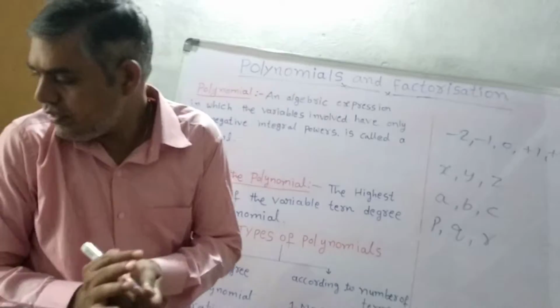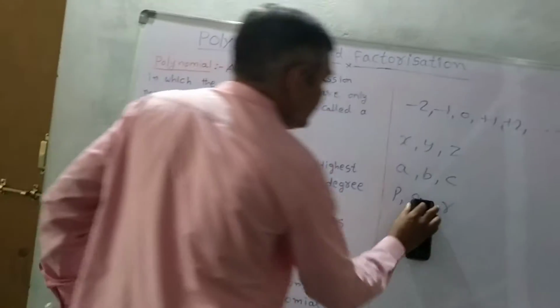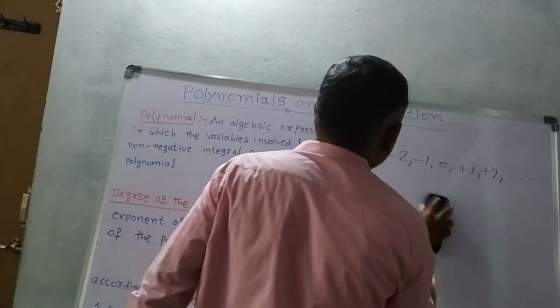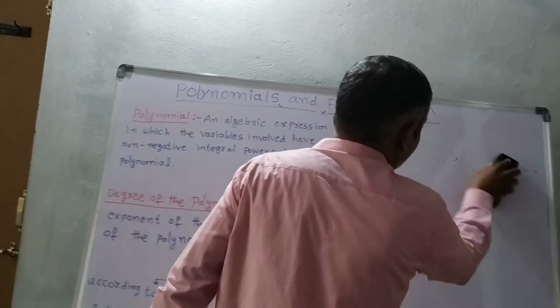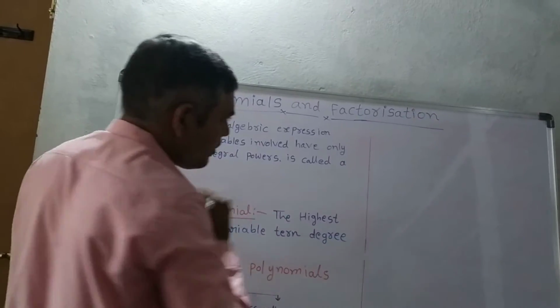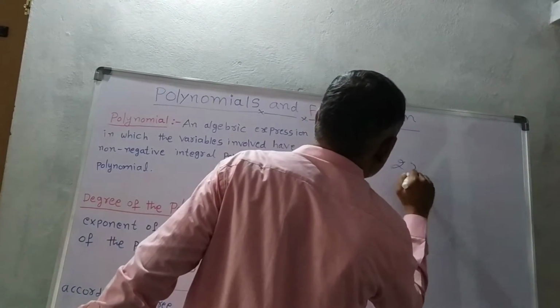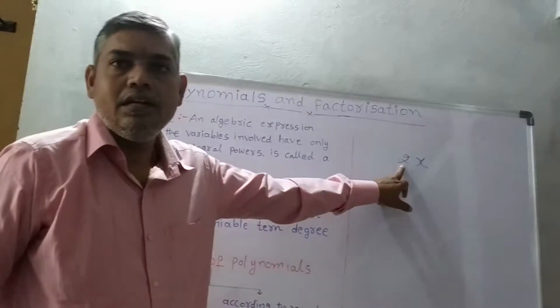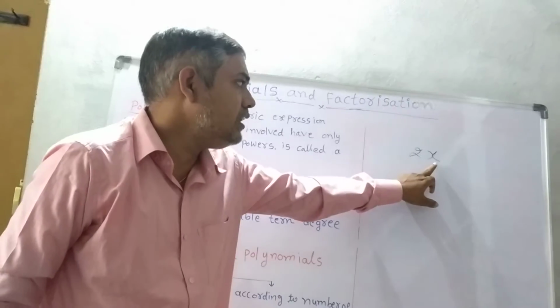If we take some examples, then you can understand what a polynomial is. First example: 2x. Yes, 2 is an integer and x is a variable.